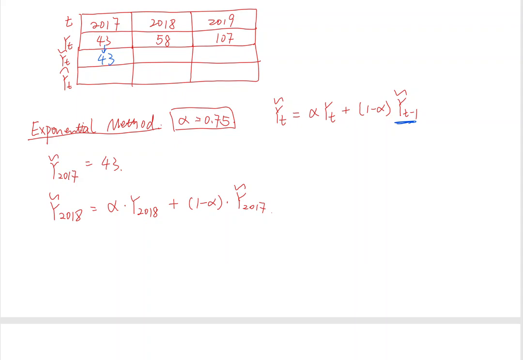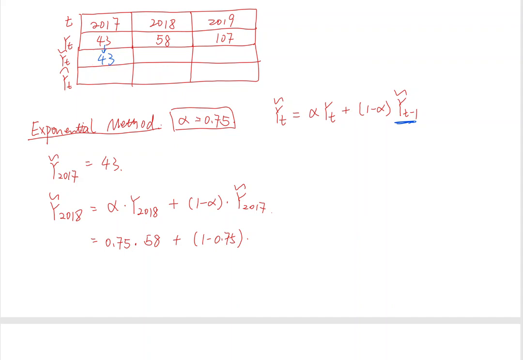Alright, so now we just plug in the numbers. Alpha is 0.75 times the current value of 2018, which is just this 58, right? Then plus 1 minus 0.75 times the previous estimated value. So what is the previous estimated value?